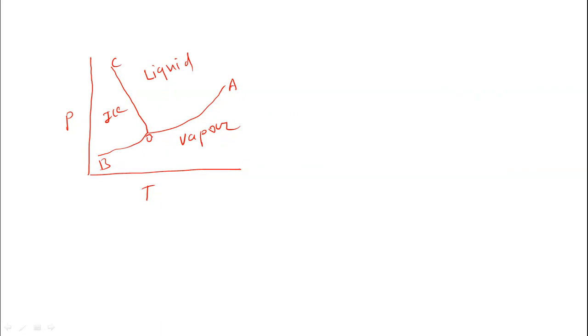But now along the curve AO, let us write here curve AO where two phases are existing. Which are the two phases? Liquid water is in equilibrium with vapor water. So along each and every point there are two phases existing here. So the number of phases P is equal to 2.